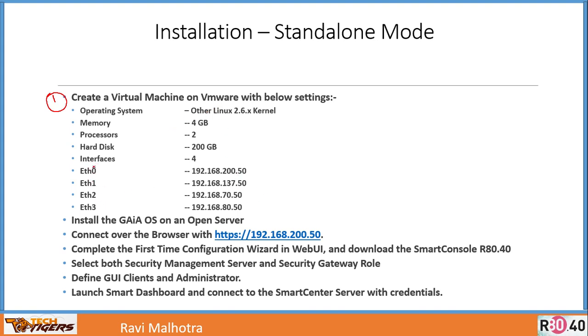We are going to have 4 NIC cards, and each of these NIC cards will be in a specific VLAN. So ETH0 is going to be in the management VLAN, which we know is VMnet 0. This is 1, this is 2, this is 3. So let me do that real quick.